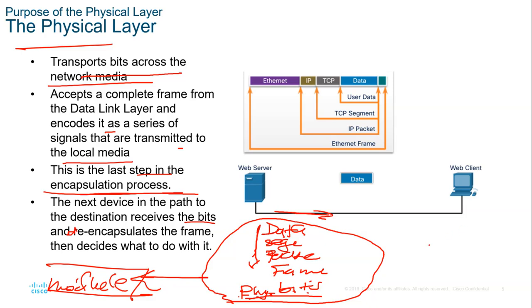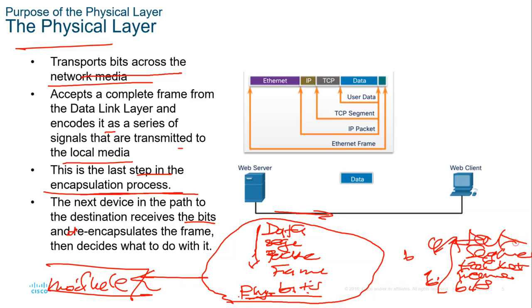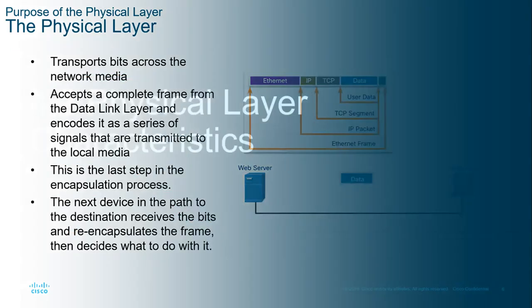Once it receives, it automatically begins. This time it's bottom up: there will be bits in the first place, and then frame, packet, and then data. This time it is bottom up.